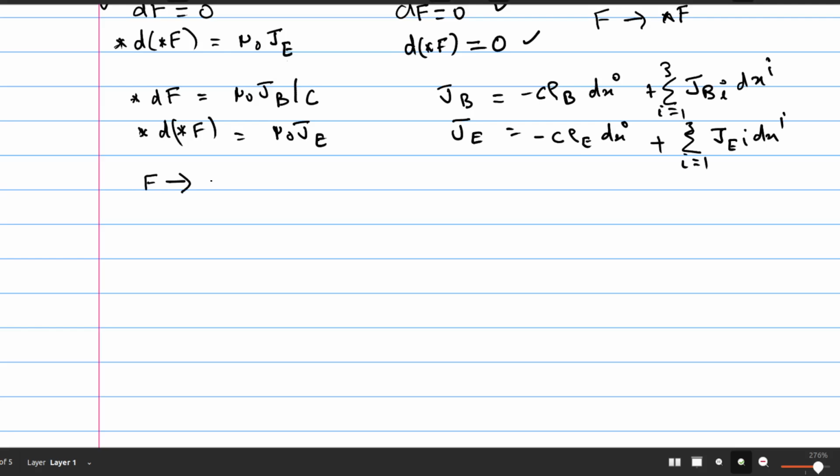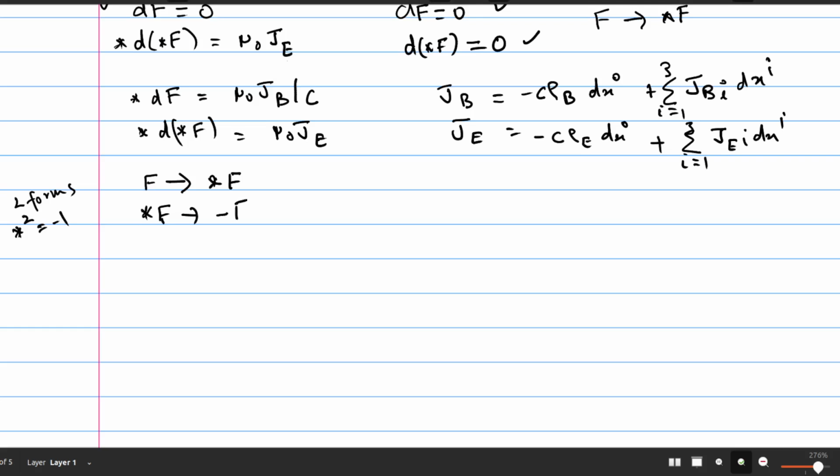F is replaced with its Hodge dual, and in the second equation Hodge dual of F goes to its Hodge dual, because on two forms Hodge dual square is equal to minus 1.